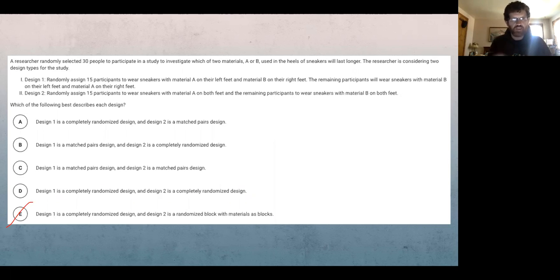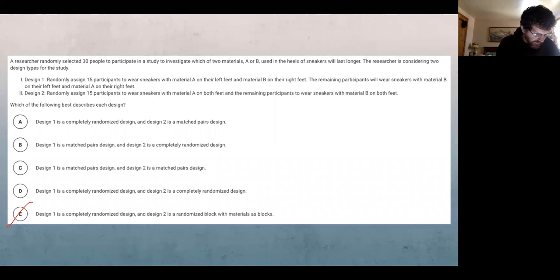It's weird because it's each foot is a participant in this survey. So when you have material A on the left, material B on the right, or vice versa, you're doing a matched pair design, because obviously your 2 feet are going to be very similar, except in strange situations. So your 2 feet are going to be very similar, and so assigning them randomly between the 2 is going to be matched pairs. So design 1 is matched pairs.